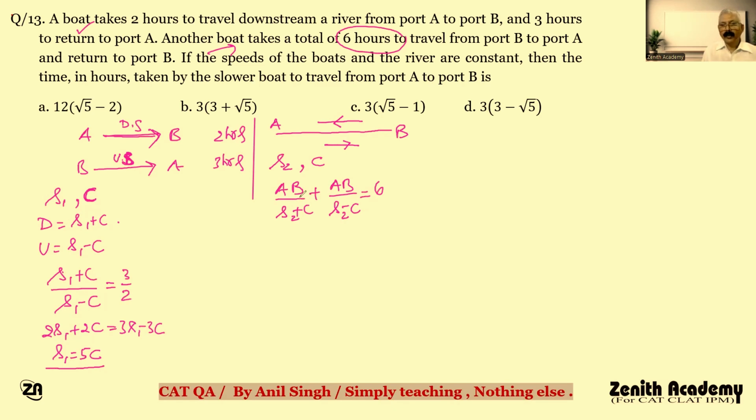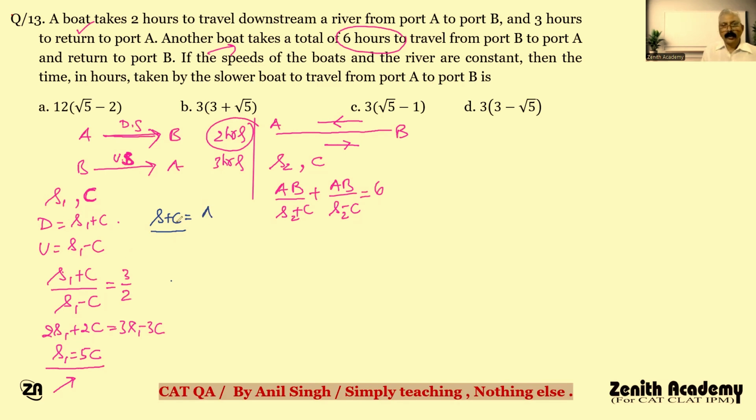See, here we have calculated the value of S1 in the first case as 5C, and the time taken by the first boat to travel A to B is given as 2 hours. So here we can find the value of AB in terms of C. Speed is equal to distance upon time. Downstream is the resultant speed of the boat in the direction of the current.